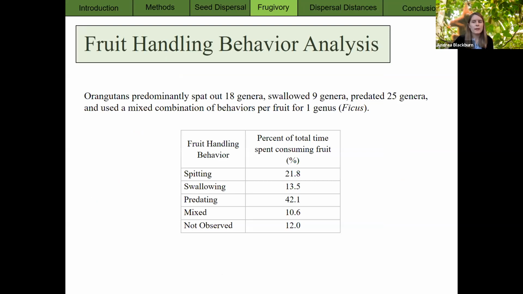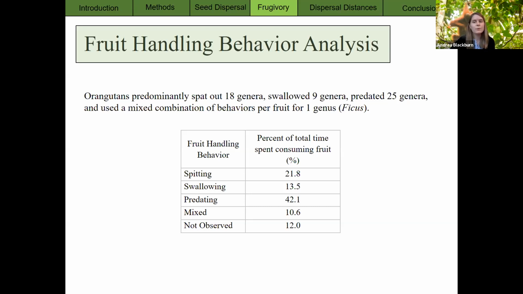So our food handling behavior data corresponds to 88% of the total time orangutans consume fruit in our long-term feeding database. We use the predominant form of fruit handling behavior for each genus to calculate what percent of time orangutans engage in each fruit handling behavior out of the total time spent consuming fruit.